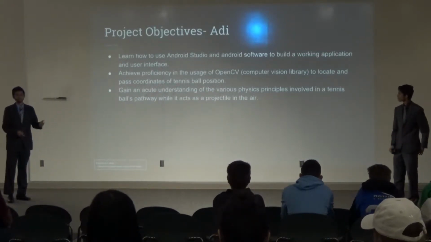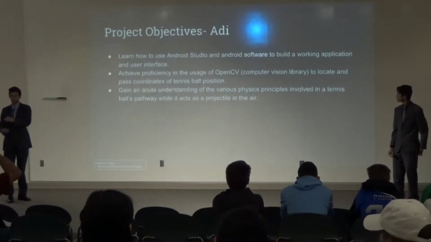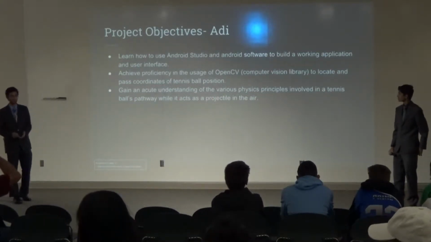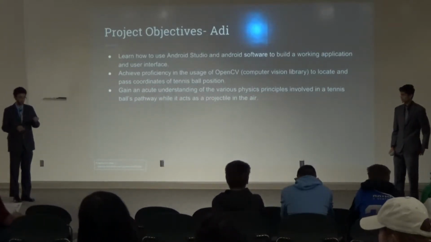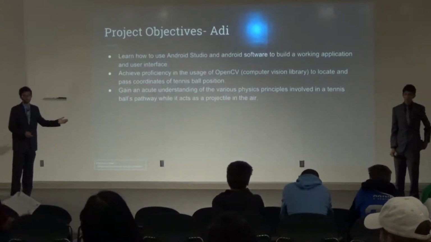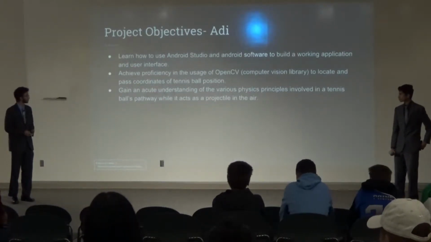The next thing is understanding the physics principles behind what happens to the ball when it's in the air, like the forces acting on it. Although that's not an explicit part of my project, as I'm not the one actually coding the physics engine, it's still important to understand these principles so that I know what data values to pass to my partner.